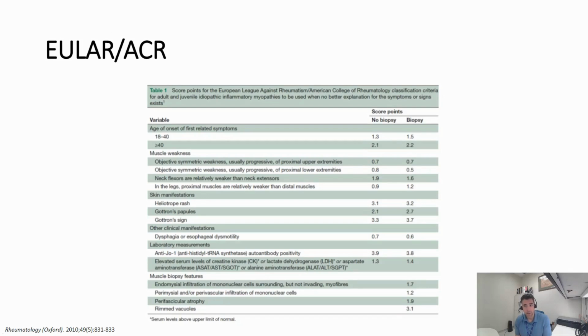In the absence of a biopsy, it would be about 6.7. And in the laboratory measurements, really only anti-Jo1 is used as an additive to the scoring process, even though multiple different types of autoantibodies are used.